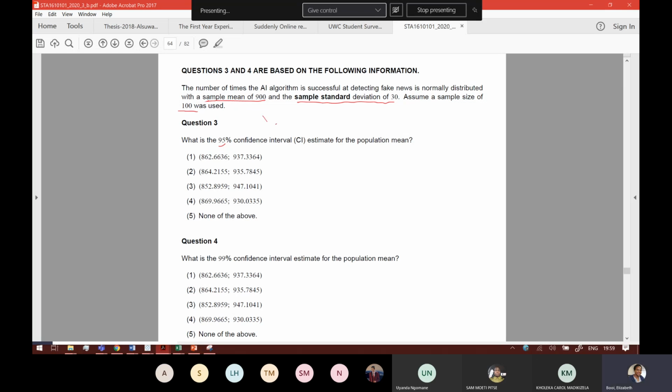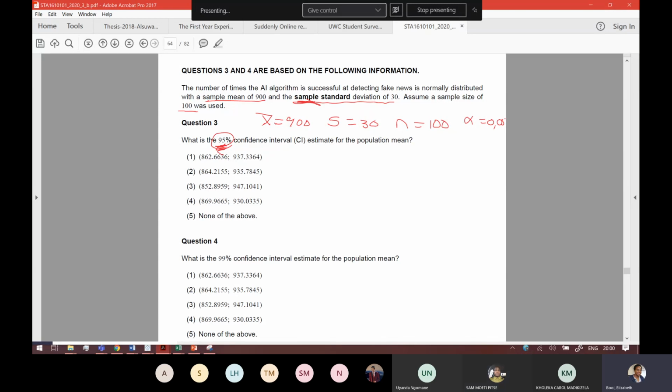So they have given you your x bar, which is 900. They have given you the sample standard deviation, which is s, which is 30. They also give you your n, which is 100. They say at 95% confidence interval, so it means our alpha is 0.05.